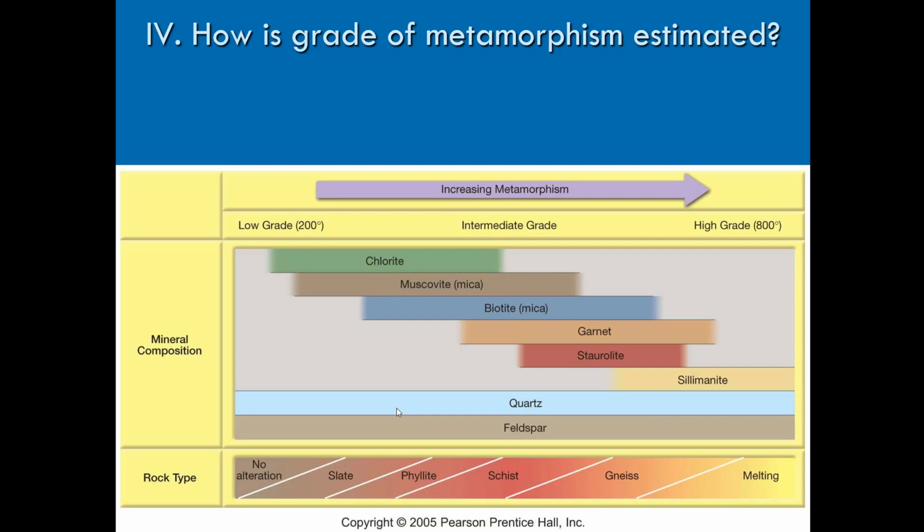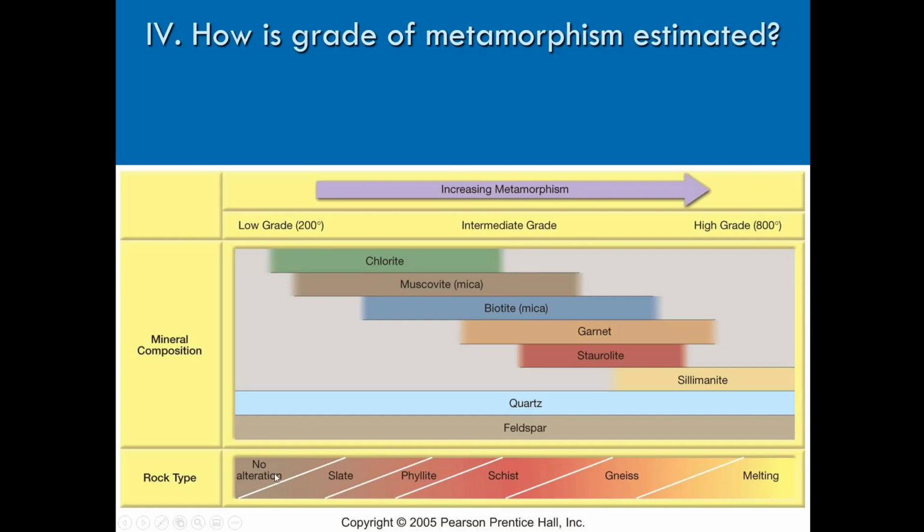The only time they form on the surface of the earth is if there's a meteor impact, which is thankfully not very common. So we can use different tools to figure out if a rock forms at a low grade metamorphism, like 200 degrees Celsius, an intermediate grade metamorphism, or a more high grade metamorphism up to 800 or so degrees. Again, after 700 or 800 degrees Celsius, rocks will melt.